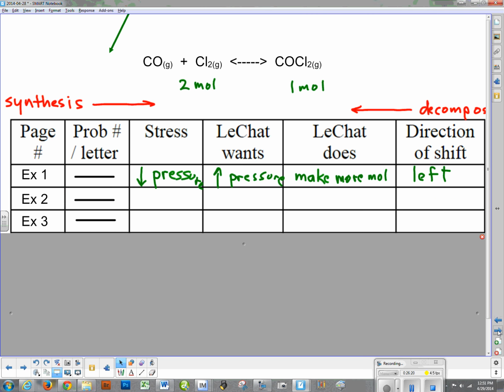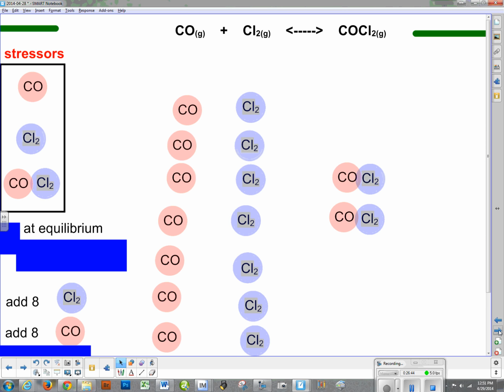So here's a new scenario. We do the opposite of what we did last time. Let's make more pressure. And how did we make more pressure? Yes, by decreasing the volume. So if we decrease the volume, how is poor little LeChatelier going to make less pressure? Well, let's look at this side and let's see. If I put these 2 guys together and move them over to the right here, that means I've got a right shift, don't I?